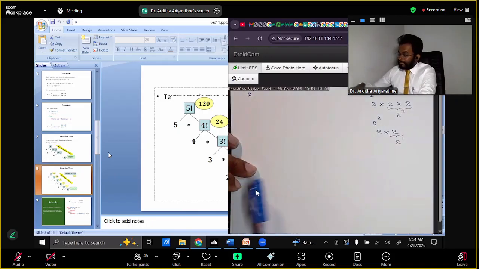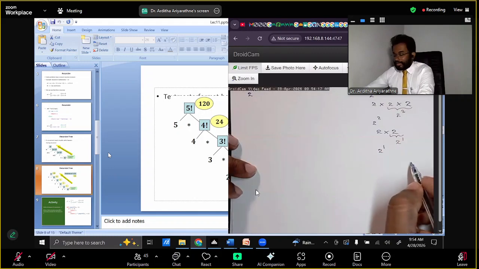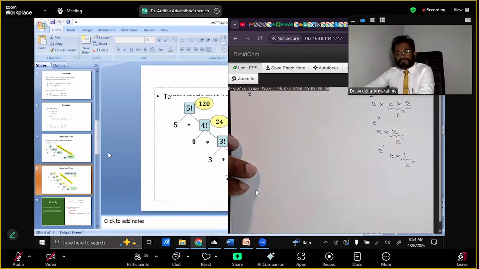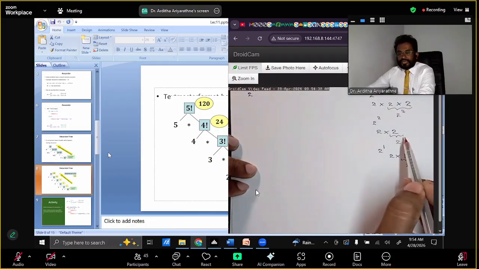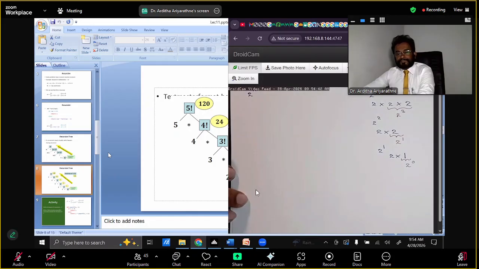Then 2 to the power 1 is 2 multiplied by 2 to the power 0. So now you can see in this one also you can create a recursive behavior.